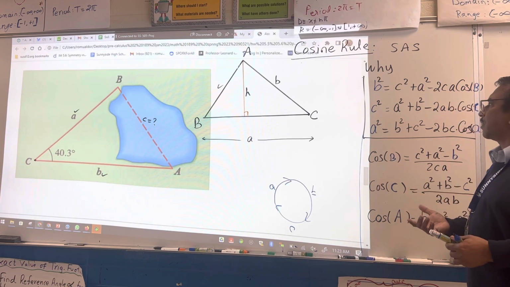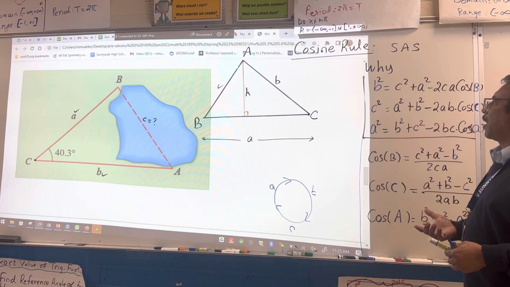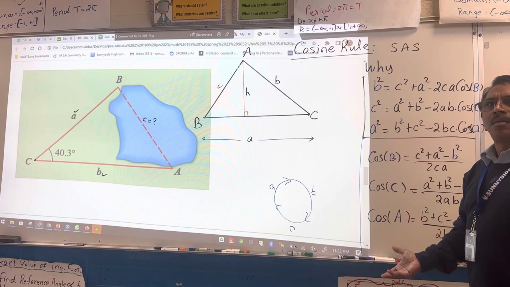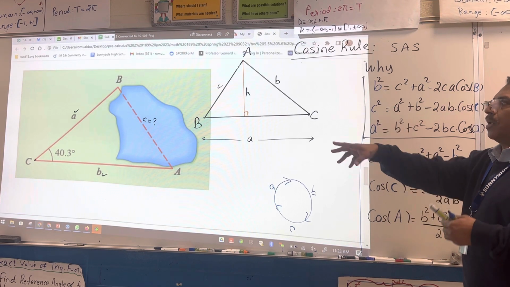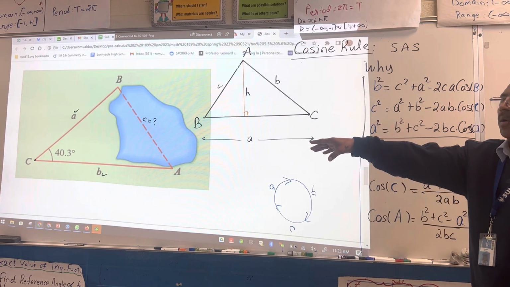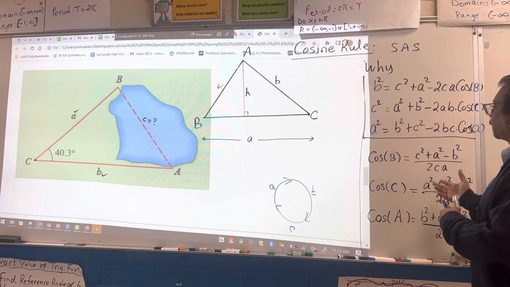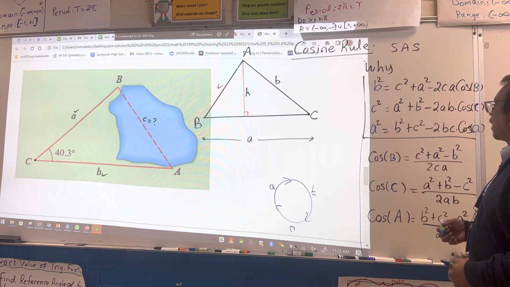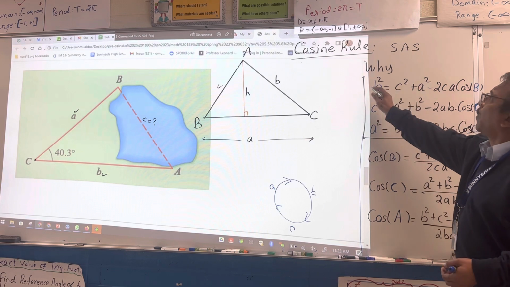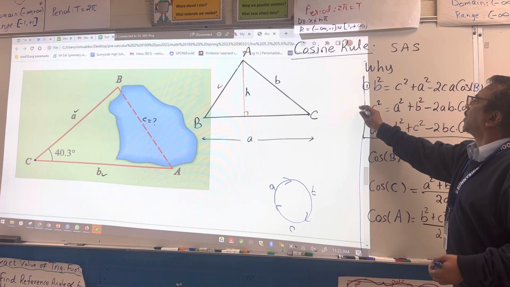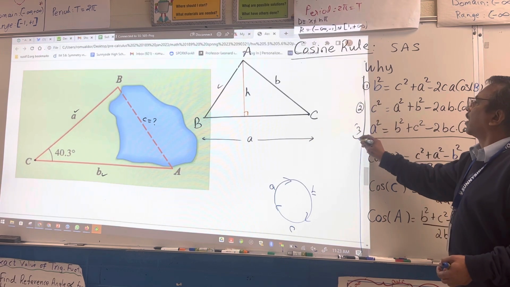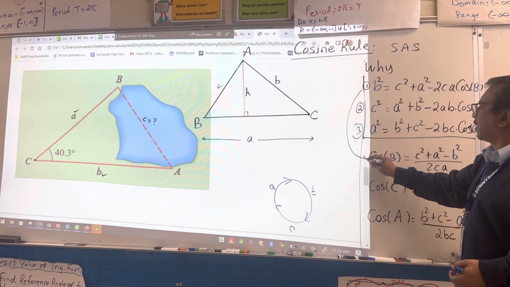The question arises, how did this formula come about? I want to show this before we solve those problems. This is the case, and the top one is 1, this is 2, and this is 3, and this one connects to the first one here.